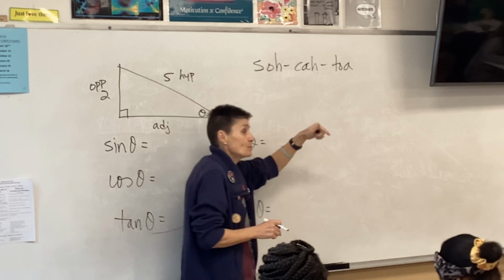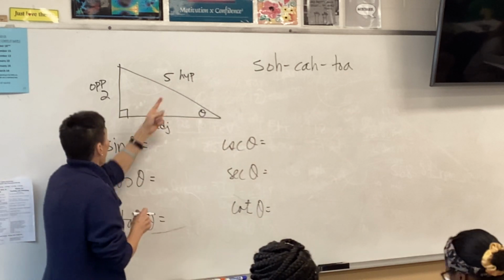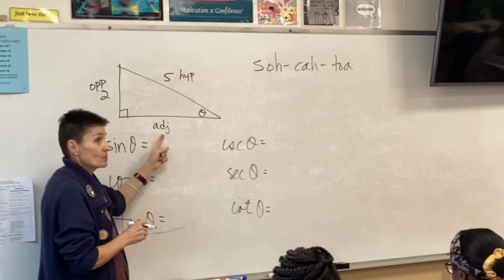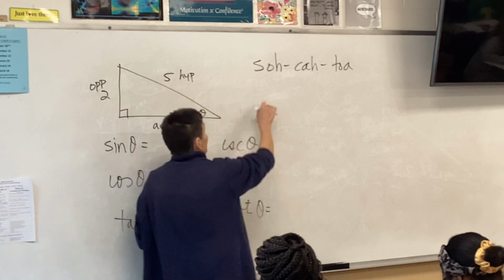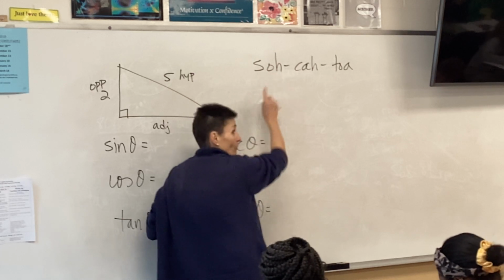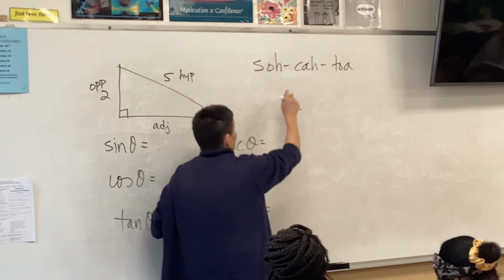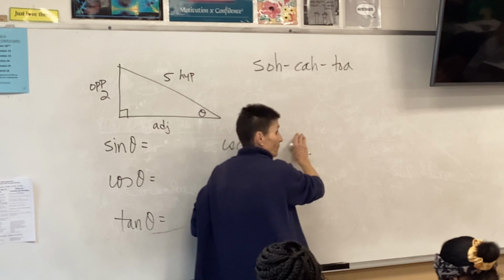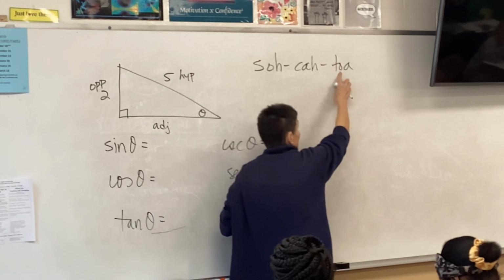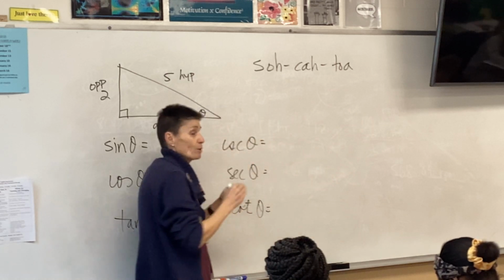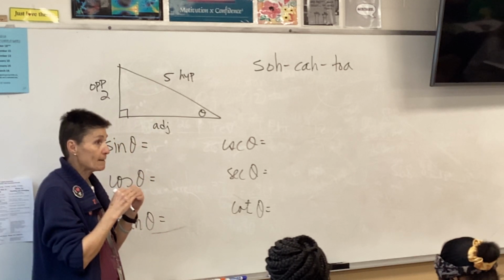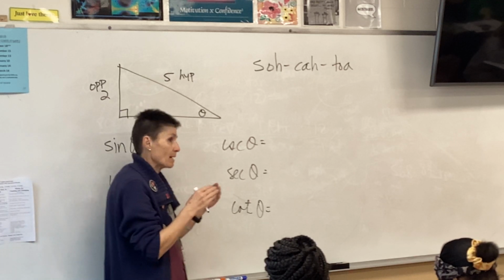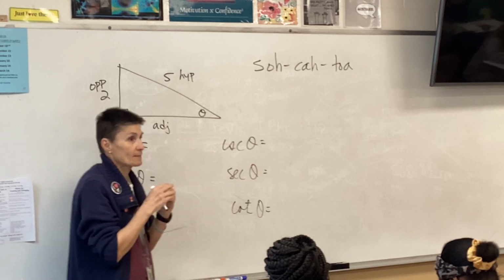And the O's, the A's, and the H's are opposite, hypotenuse, and adjacent. So these are fractions. Sine is opposite over hypotenuse. Cosine is adjacent over hypotenuse. And tangent is opposite over adjacent. Your trig functions are always fractions. On the calculator they come out decimals, but decimals are fractions.